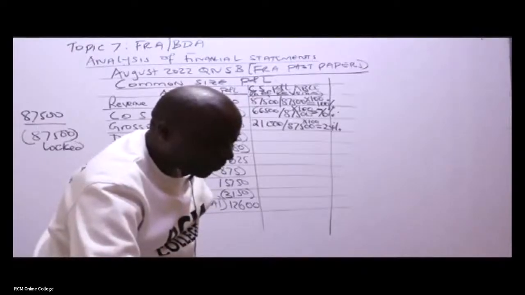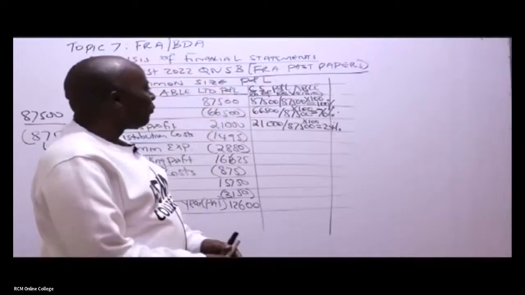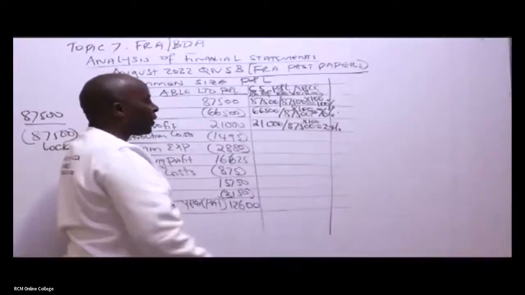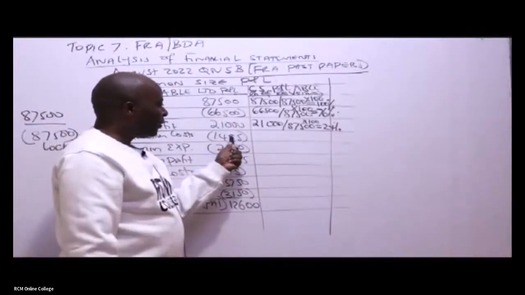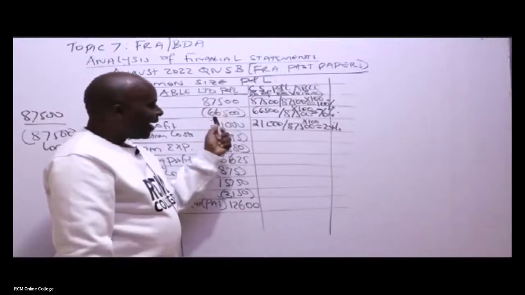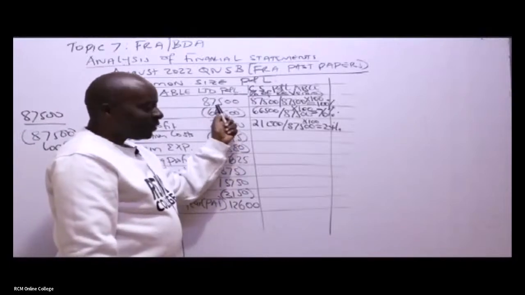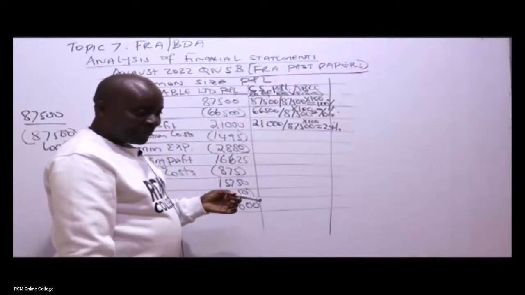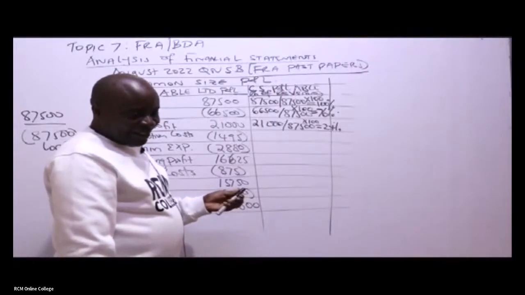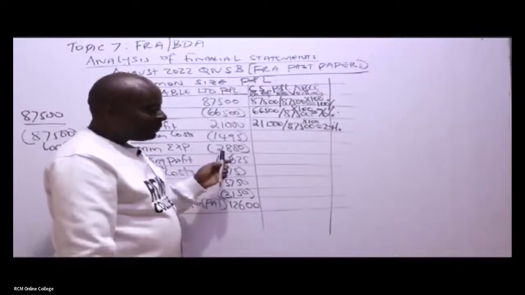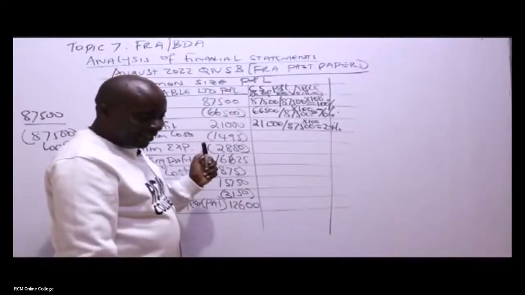So now, ladies and gentlemen, for the sake of my FRA students, are you able to give me these percentages downwards very fast? Like this will be 1495 divided by 87,500. Remember, you're dividing everything by 87,500, isn't it?